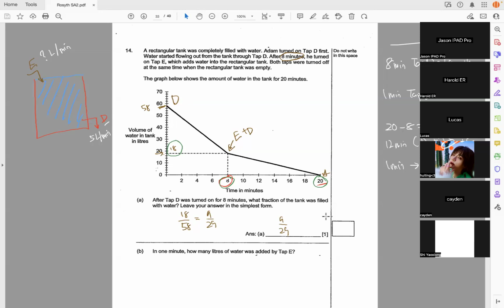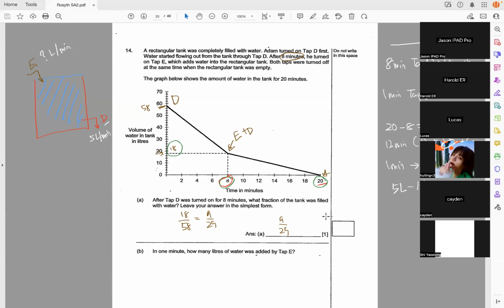Okay. So how much water was pouring into the tank during that period? It will be 5 liters minus 1.5 liters per minute, and you get 3.5 liters per minute. I shouldn't use the word liter.